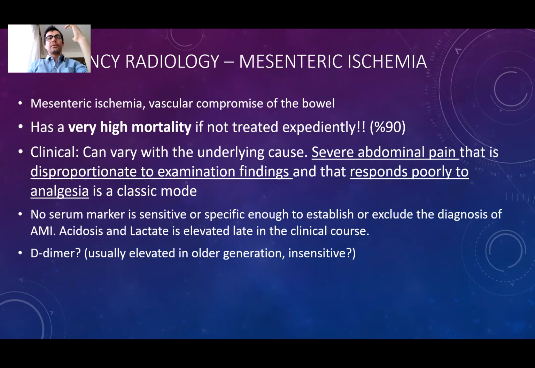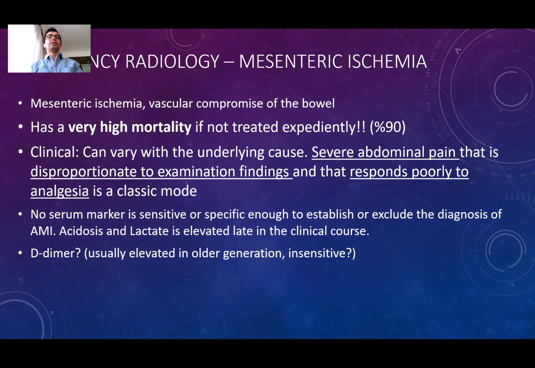Refractory pain, which you cannot alleviate with painkillers, and a bad clinical examination, where the patient is having severe pain that you cannot reevaluate, and you're basically not seeing anything, you should always think about mesenteric ischemia. This is a very hyper emergency as well. It has a tremendously high mortality, like 90%.